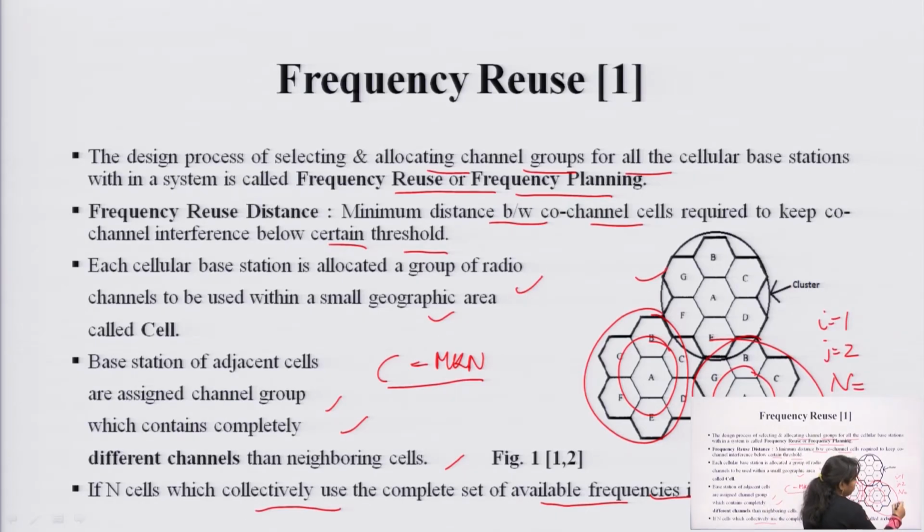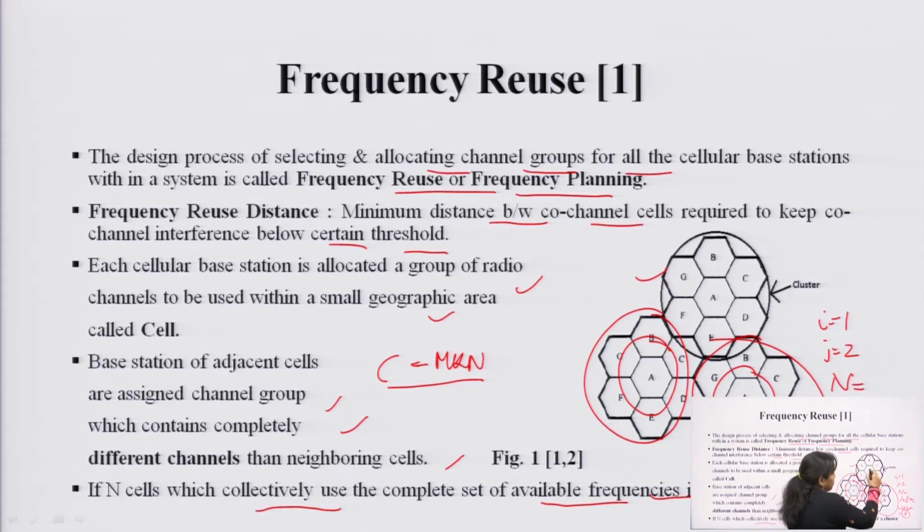So, 1 square, then 2 square, then 1 times 2, which makes 7. So, n is equal to 7, which means in a single cluster there will be 7 cells incorporated.